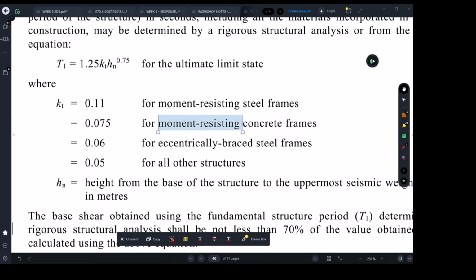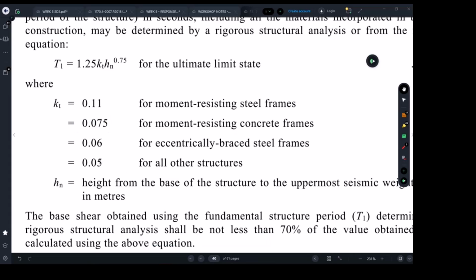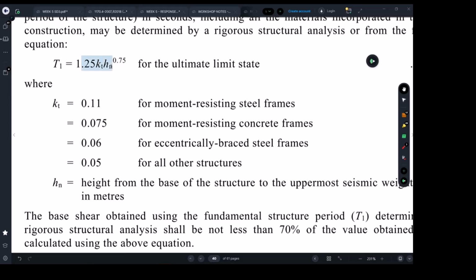We are designing this building to be resisted by the core, and the core will be checked for moment resistance, so it's a moment resistance frame. So I can consider this as 0.075, if others have used 0.05. In the formula, we put the value of the building height with the power of 0.75. Yes, that's right.